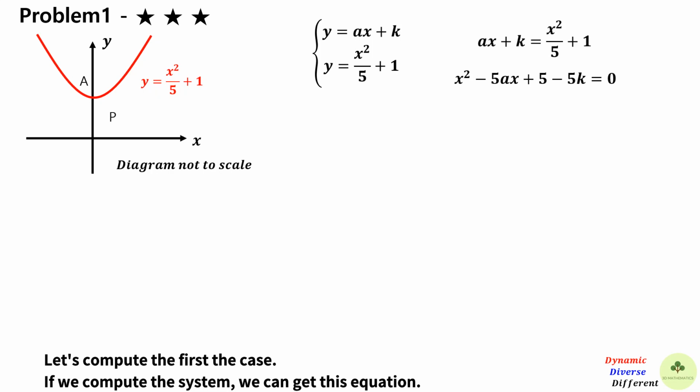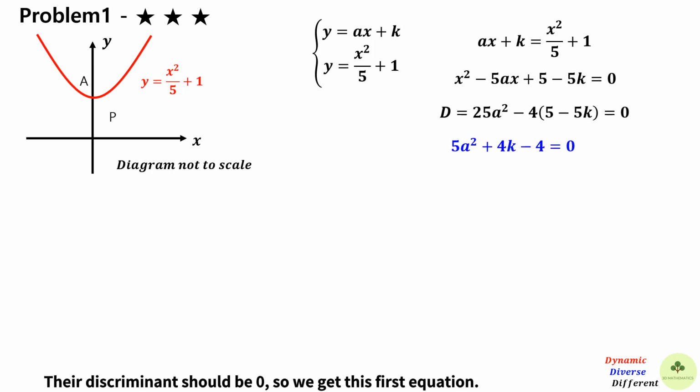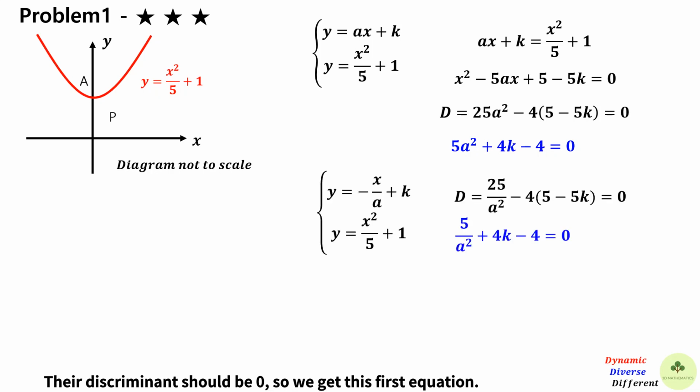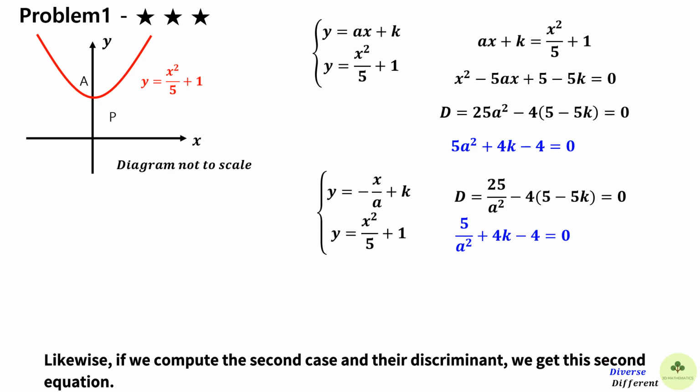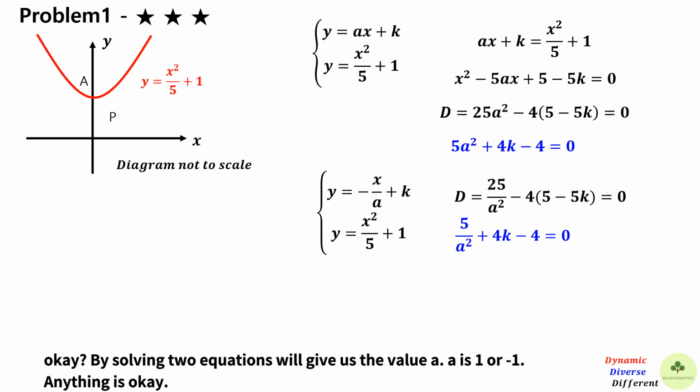If we compute the system, we can get this equation. Their discriminant should be 0, so we get this first equation. Likewise, if we compute the second case and its discriminant, we get this second equation, okay?